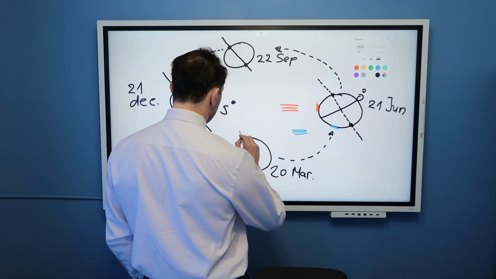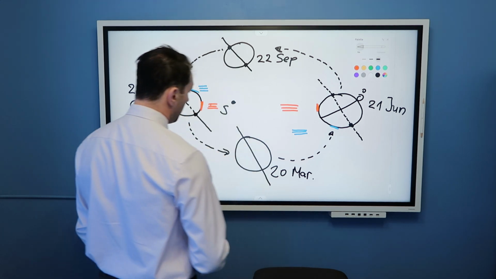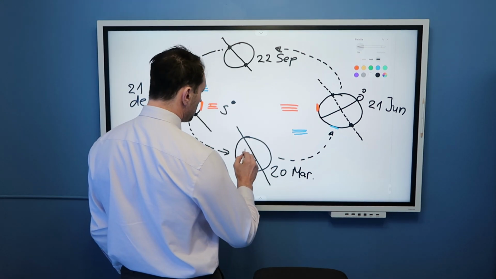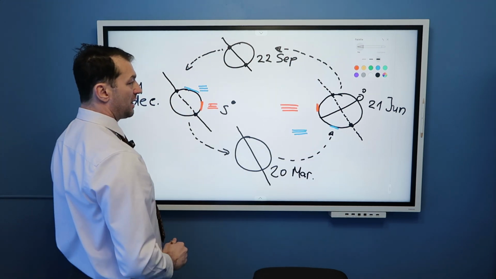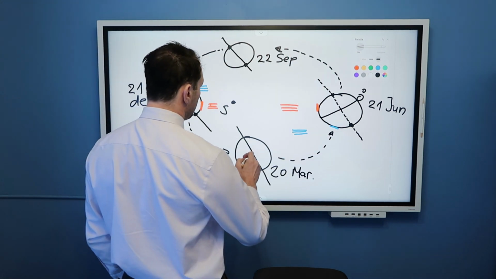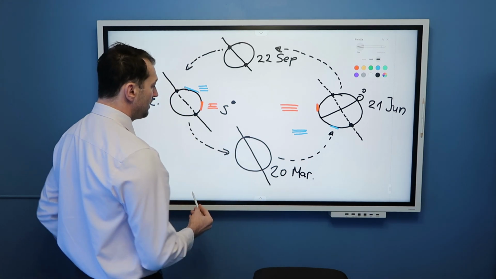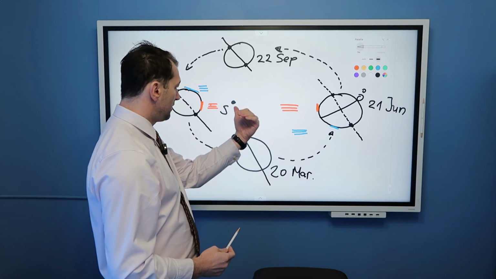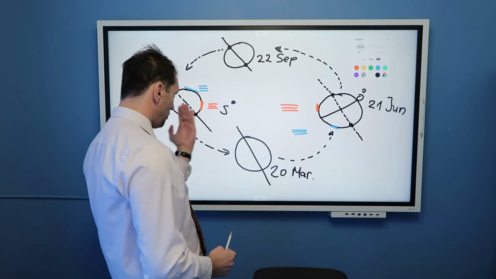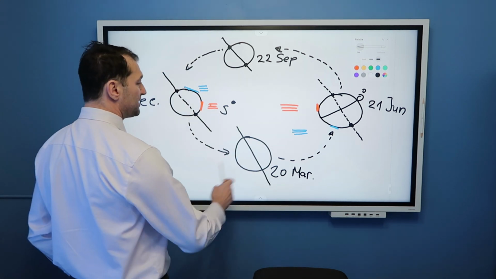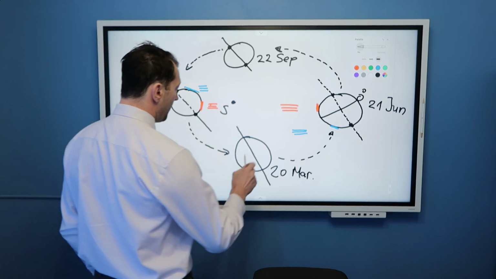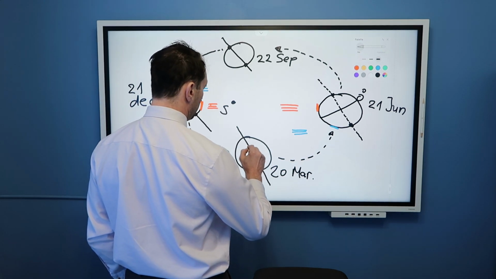And again, the angle of Earth's rotation with respect to this plane of revolution around the sun is again inclined, but not towards the sun, not away from the sun, but so to speak parallel to the sun, and therefore we have the transitional season of spring.